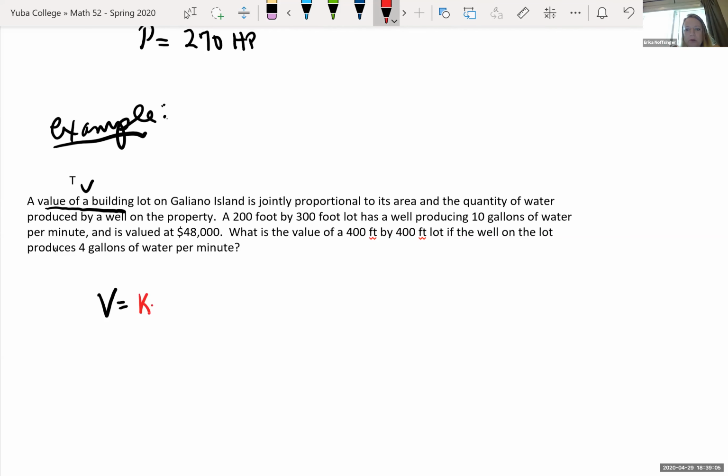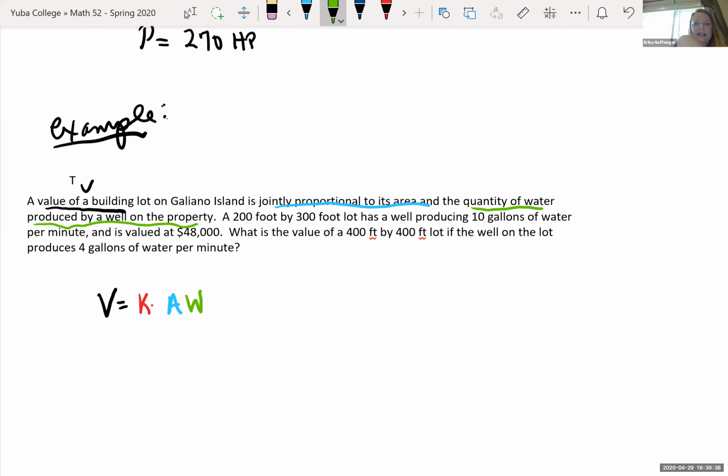So jointly proportional means it's multiplication, to its area. So let's put A here for area. And the quantity of water produced by the well, maybe W, for water produced by the well.